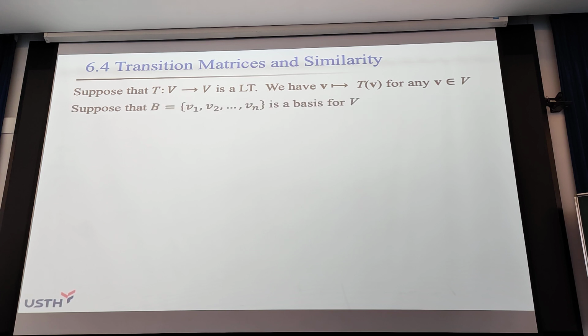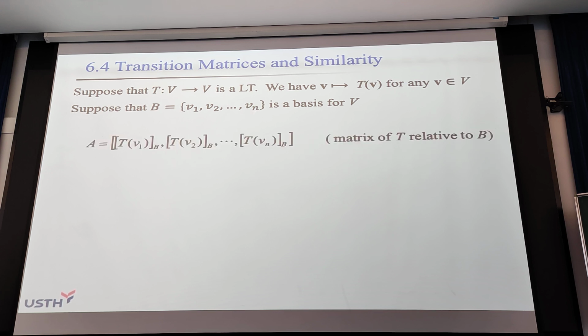Now, I suppose that in this section, section 6.4, we consider only a linear transformation T from V to V. That is, only the case where domain and codomain are the same, and we are going to choose the basis B on both sides. Suppose that we fix a basis B for both sides, for domain and codomain, as here.